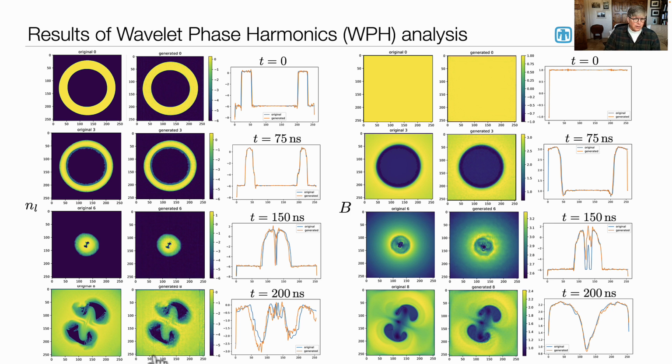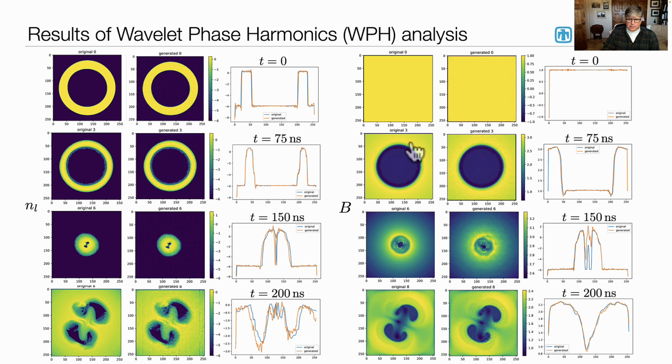We did have to use circular covariance rather than the normal covariance for the complex phase of the transformation. Also shown here to the right are lineouts going through the center of the image for both the original and the generated versions of it.